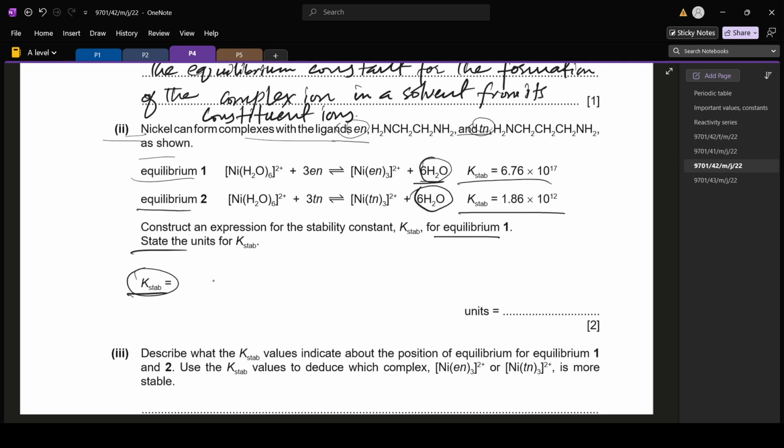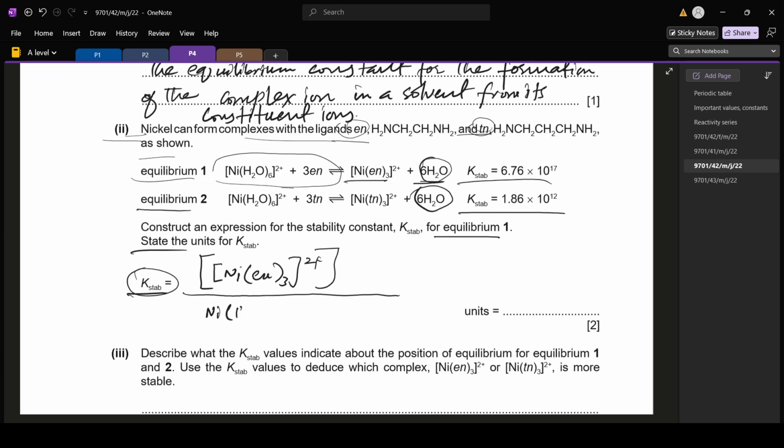So it is the concentration of products divided by the concentration of reactants. The product in equilibrium 1 is the nickel complex, and this is divided by the concentration of the reactants.